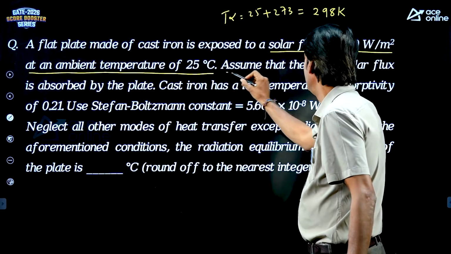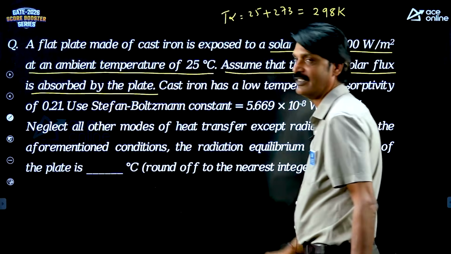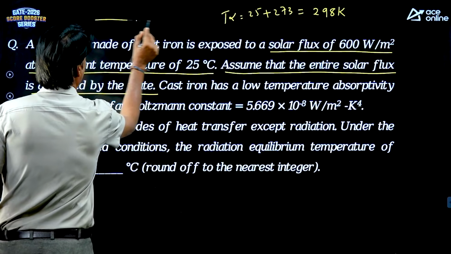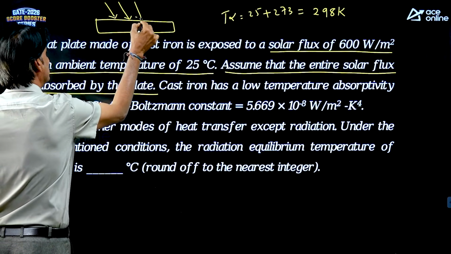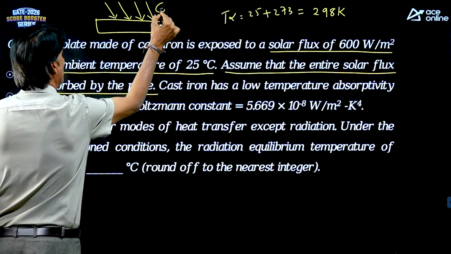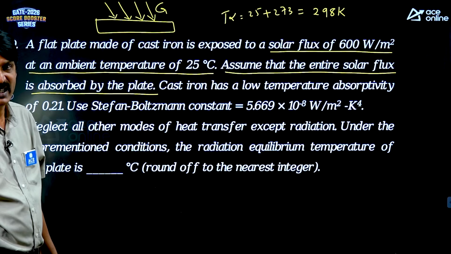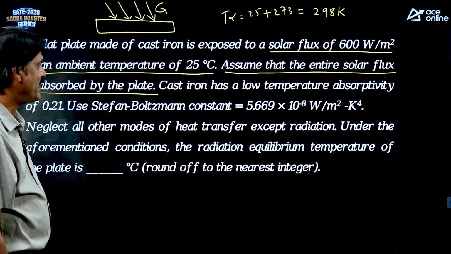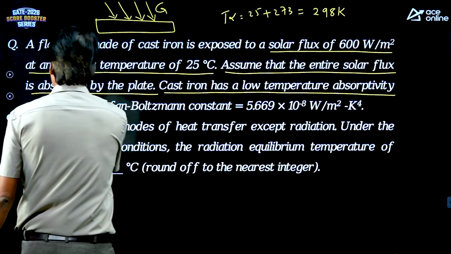Assume that the entire solar flux is absorbed by the plate. That means whatever radiation that is falling on the plate, G, irradiation, which is equal to 600 watt per meter square, is completely absorbed. Now, cast iron has a low temperature absorptivity of 0.21.